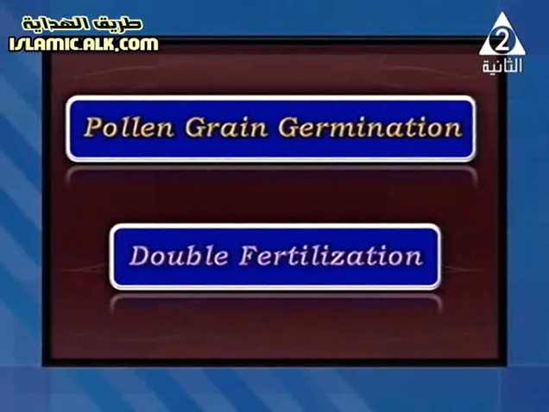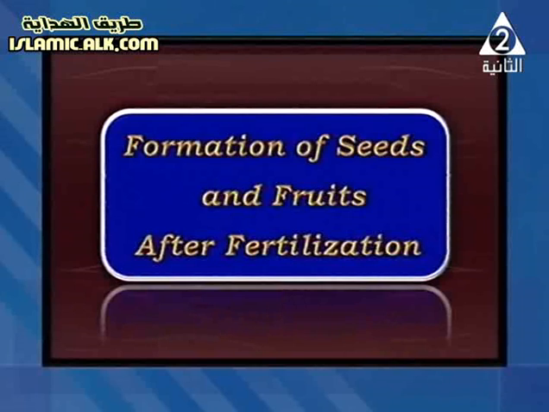And the final result after fertilization is formation of seeds and formation of fruits. This is the final product of fertilization, or fusion of the male gamete to the female gamete, as we studied.